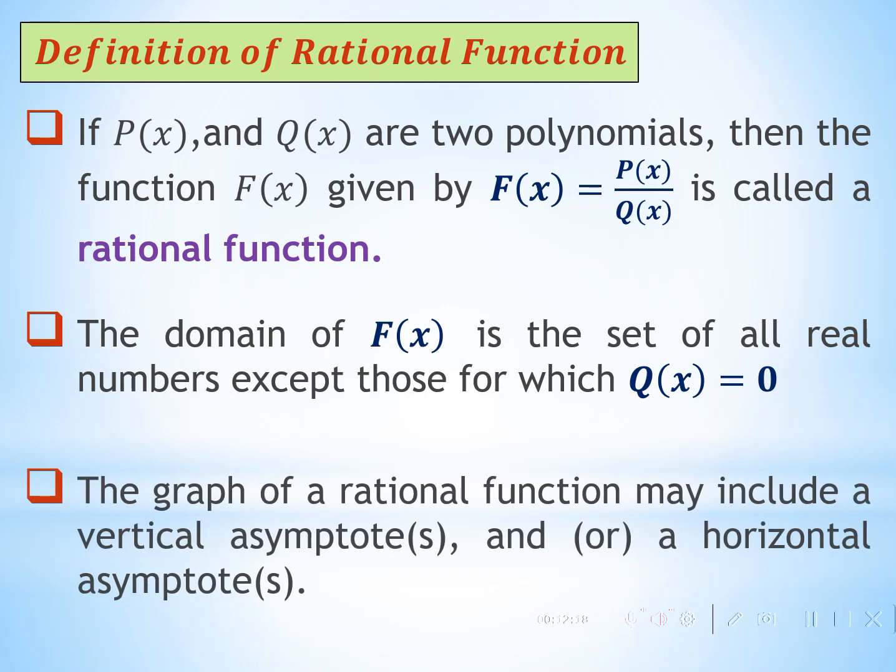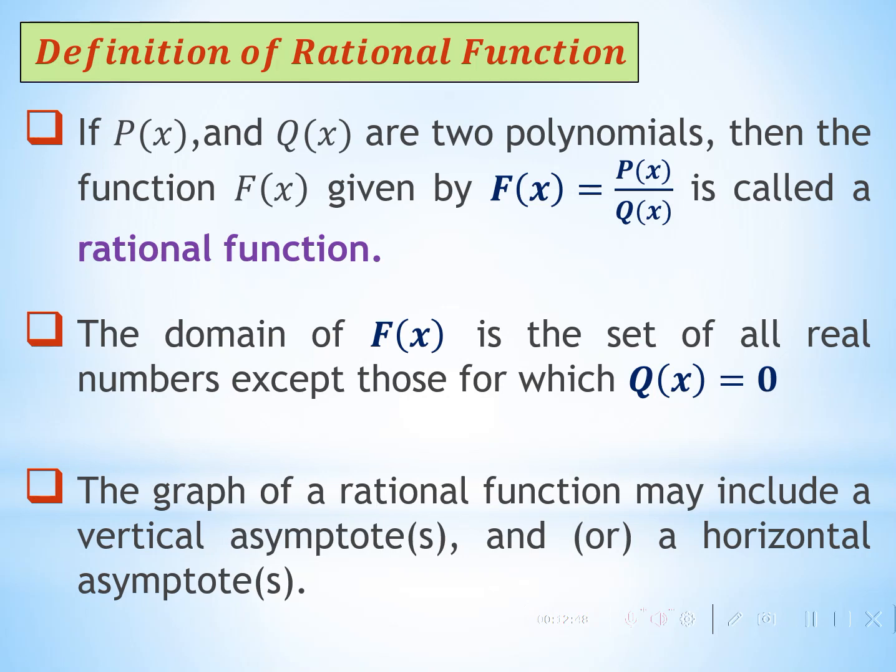The graph of a rational function may include a vertical asymptote and or a horizontal asymptote. What is an asymptote? An asymptote is an imaginary line, mostly a straight line, that a curve approaches as it moves towards infinity. The curve visits these asymptotes, but never overtakes them.